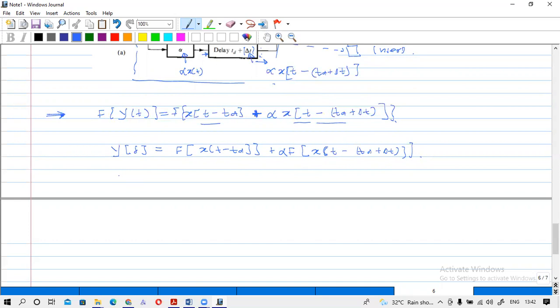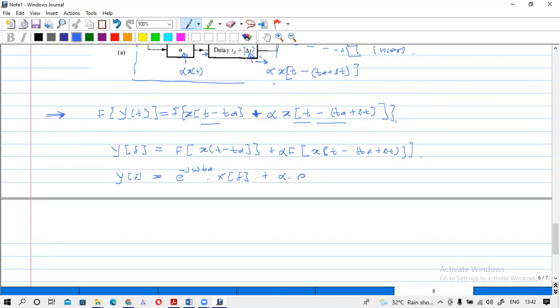Okay, so now I get the Fourier transform. You can see that it is again a time shifted signal, and this one is also a time shifted signal. So I can write the Fourier transform as e to the power minus j omega td times X(f), where the delay is td, plus alpha, where the delay is td plus delta t.